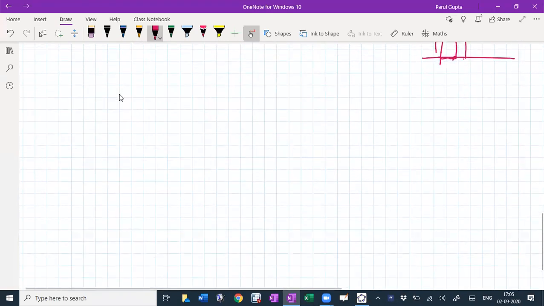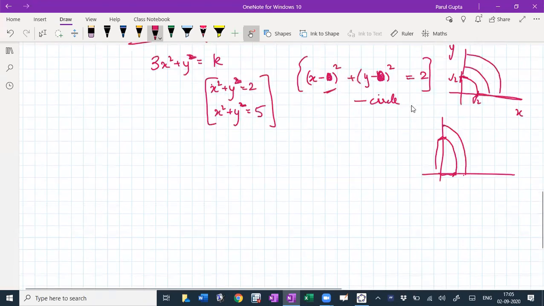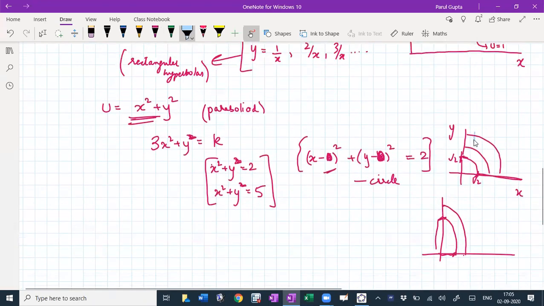So again, as I said, what is the indifference curve telling us? It is identifying for us all the bundles which are as good as each other. If I take any bundle on this indifference curve and mark it with this point, then all the bundles on the indifference curve passing through this point are giving me the same utility as this point.